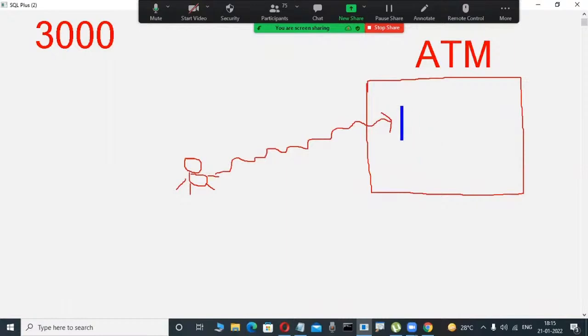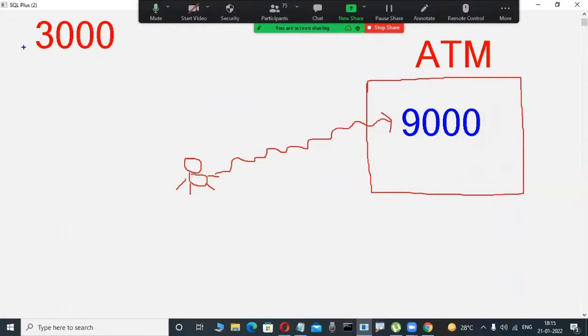Okay, fine, but 3,000 is my available balance. After inserting the ATM card, it asks me to enter the amount. In that case, suppose I mentally decide to withdraw 9,000 rupees. Now as I try to withdraw 9,000 rupees, will I get 9,000 rupees? No.